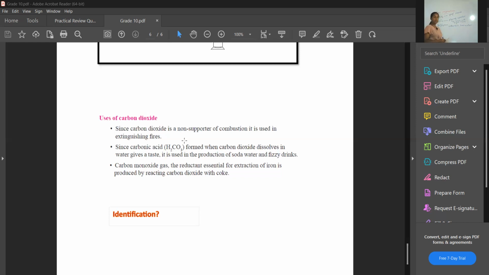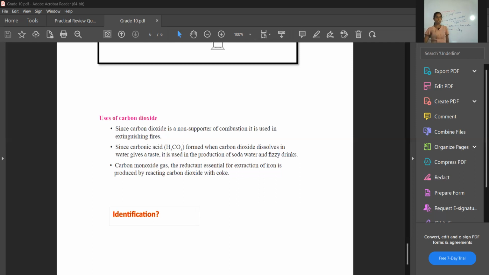When we send carbon dioxide gas through a colorless lime water solution, what happens? The colorless lime water turns milky. So we can confirm that it is carbon dioxide gas. So these are the identification methods of these three gases, and you have to remember these.